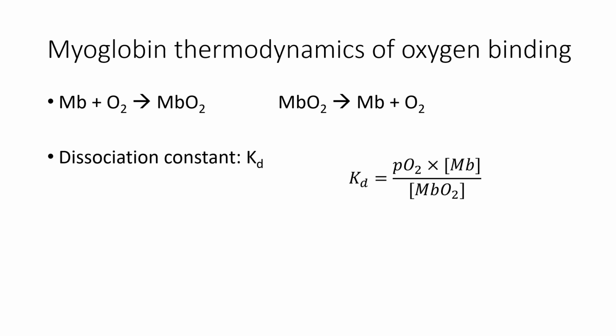To talk more about this process, we often refer to what we call the dissociation constant, or the KD. The KD is essentially our separated components, our myoglobin with our free oxygen, in the numerator of this constant, and in the denominator we have our myoglobin with bound oxygen, and that's shown here in this formula.